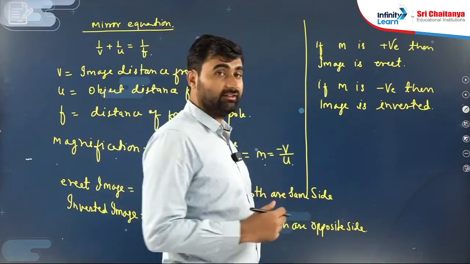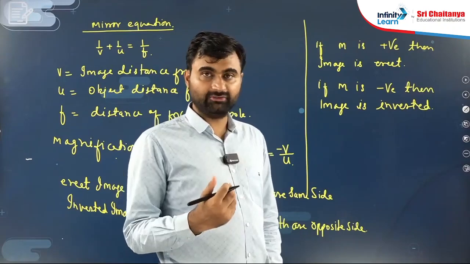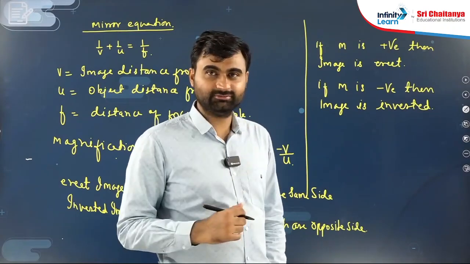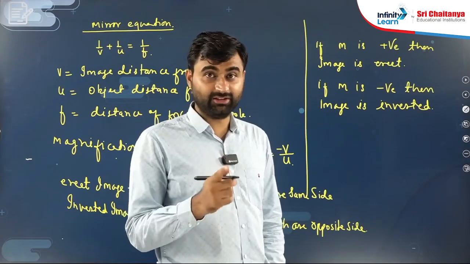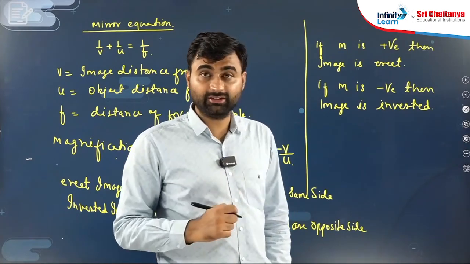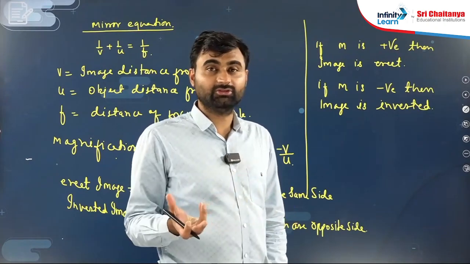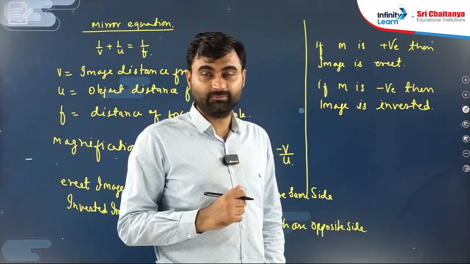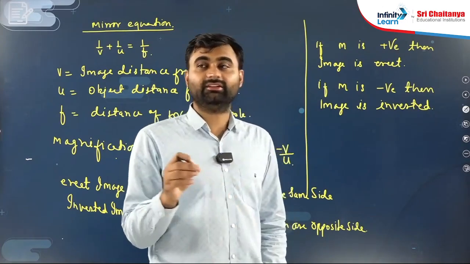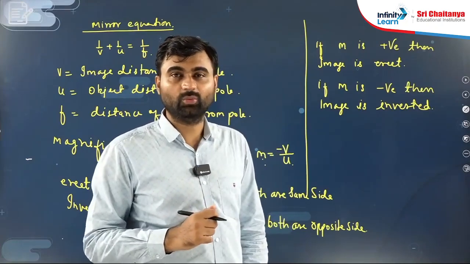Understand, we define it like this: if the magnification value is greater than 1, but understand that here magnification can be negative, because if the image is inverted then magnification can be negative, so don't think that it is less than 1. Suppose the M value is -2; this does not mean that the M value is less than 1.